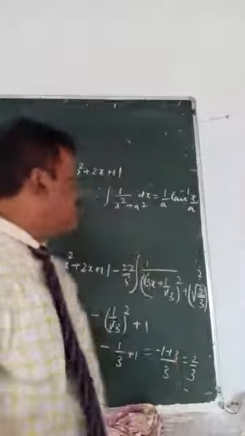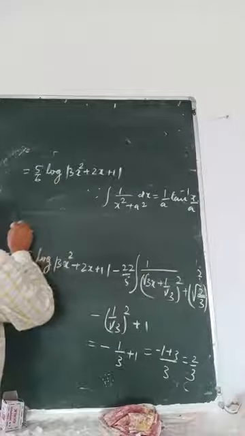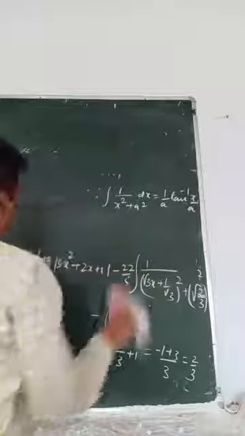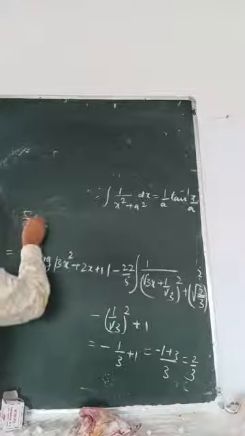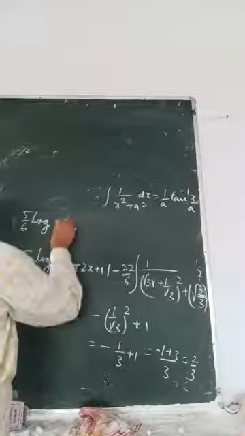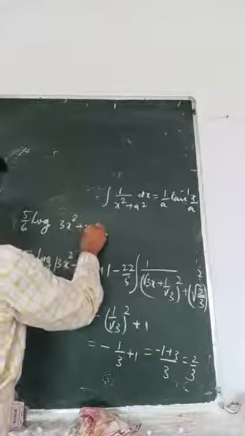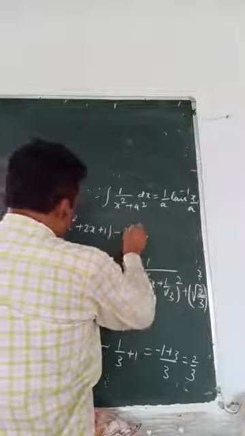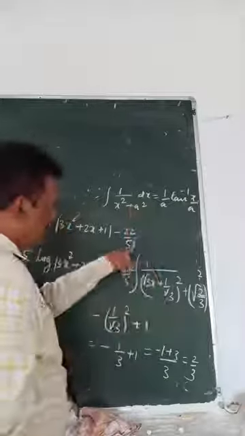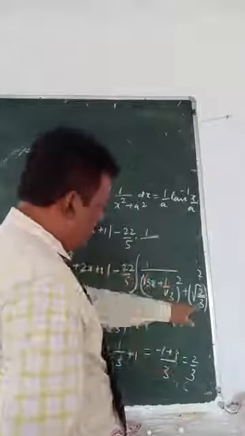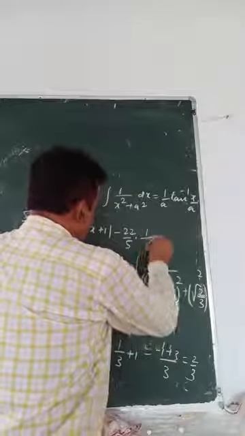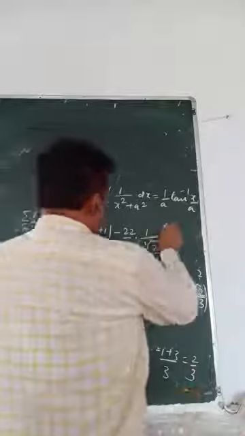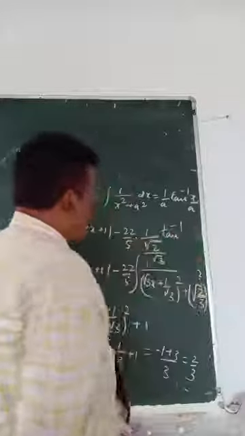So this will be 5 by 6 log 3x square plus 2x plus 1 minus 2 by 5, 1 by a. A means what? Root 2 by root 3, tan inverse x by a. What is x for us?